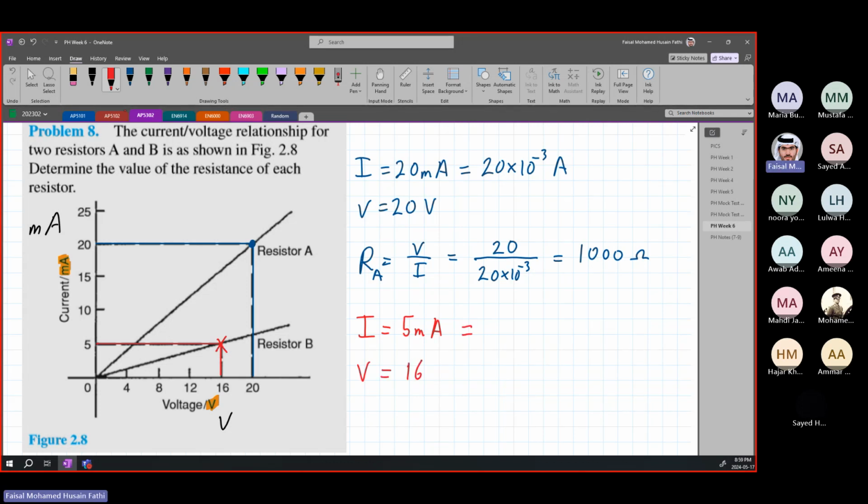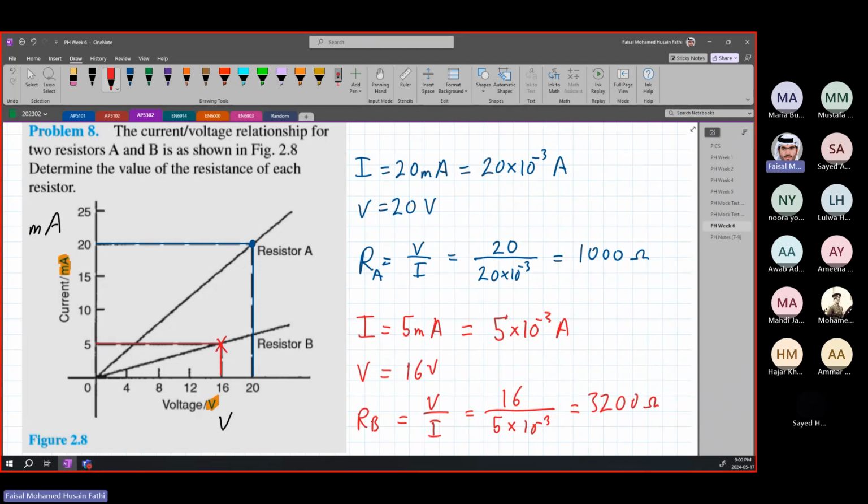Again, we need to convert this to amperes, so it's 5 times 10 to the negative 3 amperes. So 16 volts. Now that we have this in amperes, RB is going to be V over I, which is 16 divided by 5 times 10 to the negative 3, which is equal to 3,200 ohms.